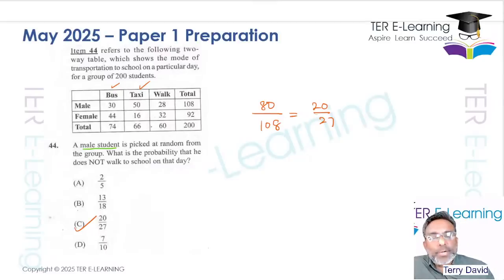All right, let's think about this. So we have 200 male students. A male student is picked at random from the group, and he does not walk to school on that day. Okay, so we know we're dealing with 80 here. What we're trying to figure out is whether we're going to use the 200 or the 108.